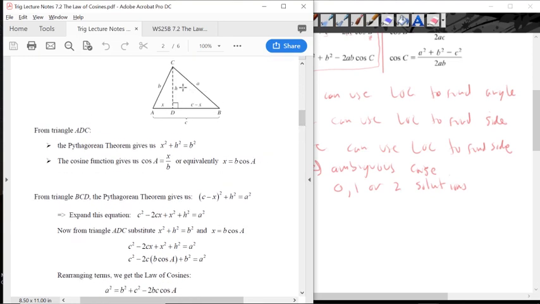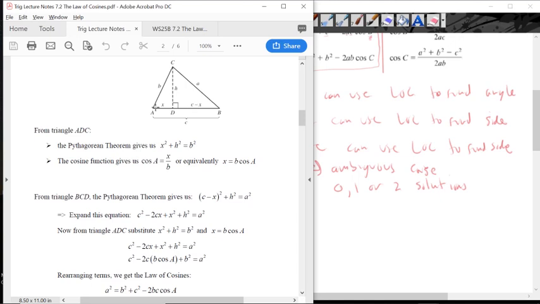Now from the triangle that is on the right. On the right-hand triangle, the Pythagorean theorem would tell us that (c minus x) quantity squared plus h squared is equal to a squared. Okay? Where did the x and the c minus x come from? Well, we originally had a side length here that was side length c, because it's opposite of angle C that was up here at the top. And we simply split it up into two lengths, but those two lengths were not necessarily equal to each other. So we weren't just saying that each length was half of c. We didn't know the length of the two.